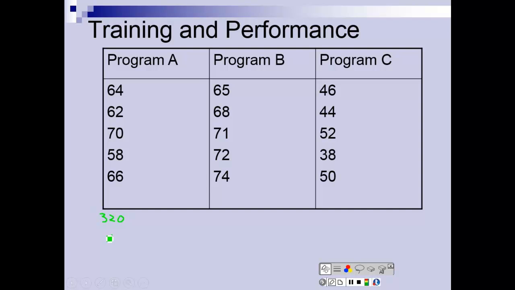So the mean of that first group is the sum of the x's divided by n, which is equal to 320 divided by 5, and that's 64.